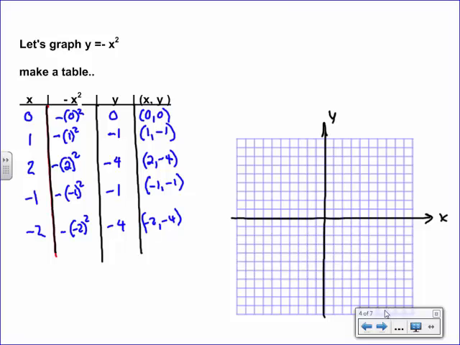And again, we'll just use a scale of 1 per block. Plot the point 0, 0, 1, -1, 2, -4, -1, -1, and -2, -4.